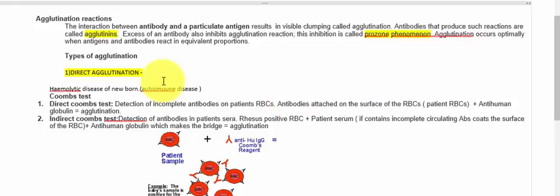Then the first type is direct agglutination, where no inert or coated particles are required. In the second, coated particles are required, such as latex beads. The latex beads generally enhance the agglutination reaction.